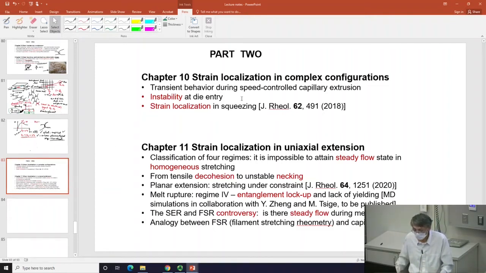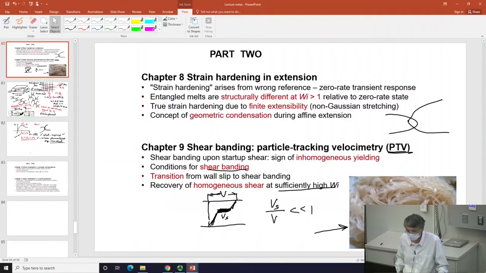But we'll start with chapter 10, which is right following chapter 9. I arranged chapter 10 in this space because I want to continue the story of shear bending. In other words, I want to give you more examples of the shear case before we move cleanly to the case of extension.